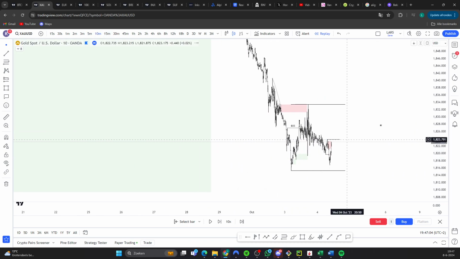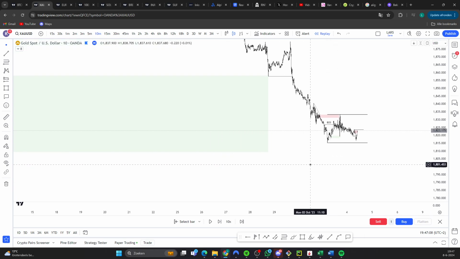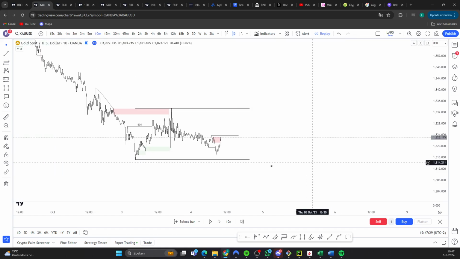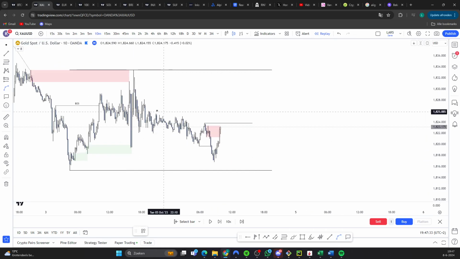Because this is the point. Literally, this is the point to create an accumulation. Let me drink some of my water. This is also just an easy squeeze.